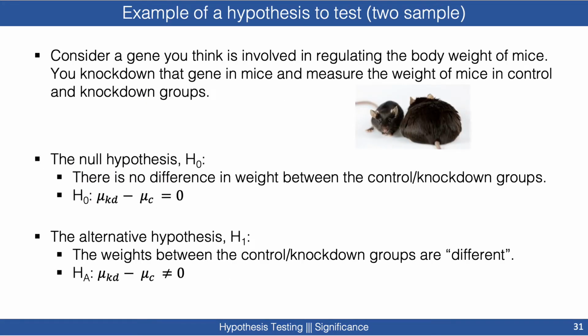Going back to our favorite example of a knockdown gene, we have been using what we call a one-sample test because we assumed that the population mean was established and we had measured it before. This is in general not how we set up the experiment. As Athma discussed on the first day of the bootcamp, your experiments usually want to control for the housing of mice and your diet and many different things.